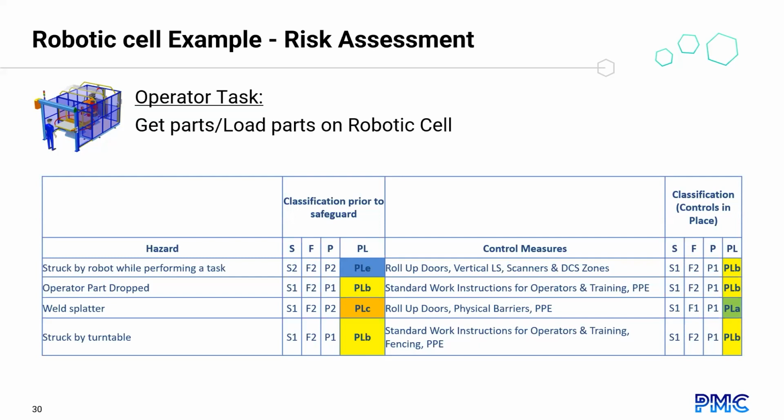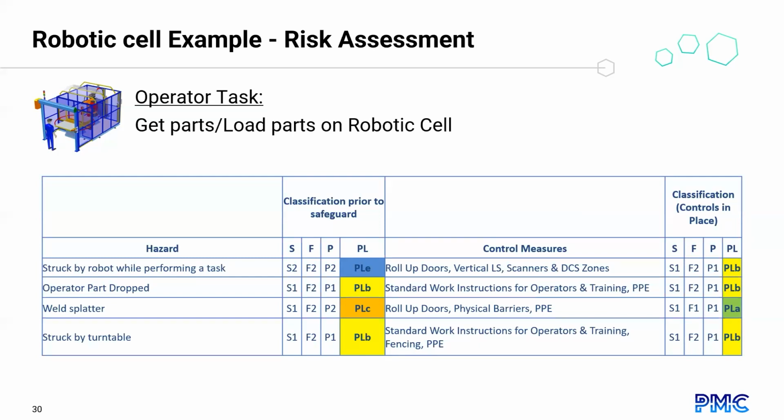Here the activity of the operator remains the same. The operator is always loading the parts on the turntable. So in the first column of our table, we have listed the hazards, the same as mentioned earlier.